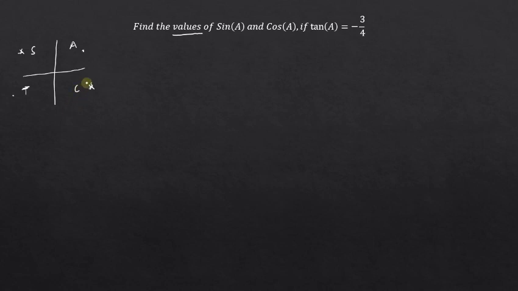So let's start. First, let's consider the angle to be in the second quadrant. So we can draw our angle A like this. And we know that tan is opposite over adjacent, right?